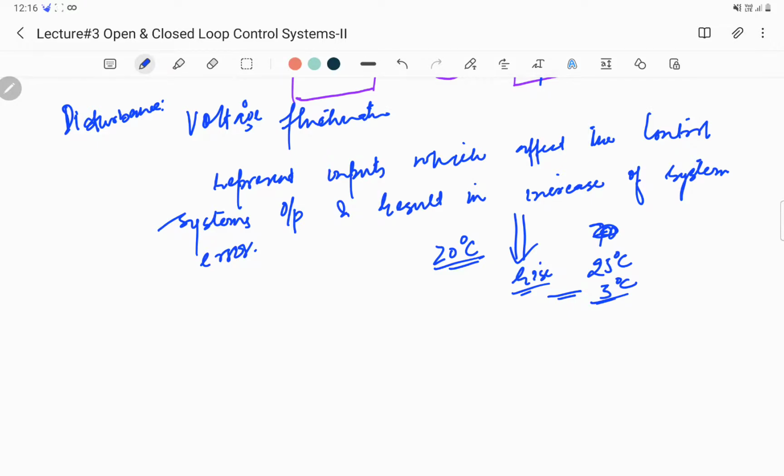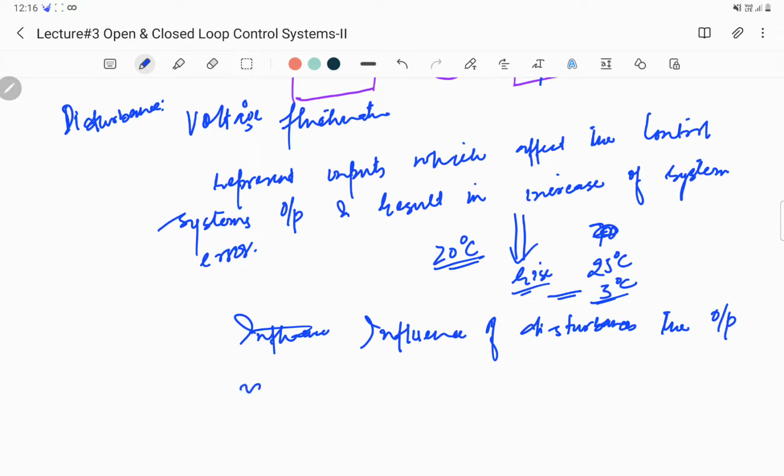So in a nutshell, under the influence of disturbances, the output may not be the same as is desired.